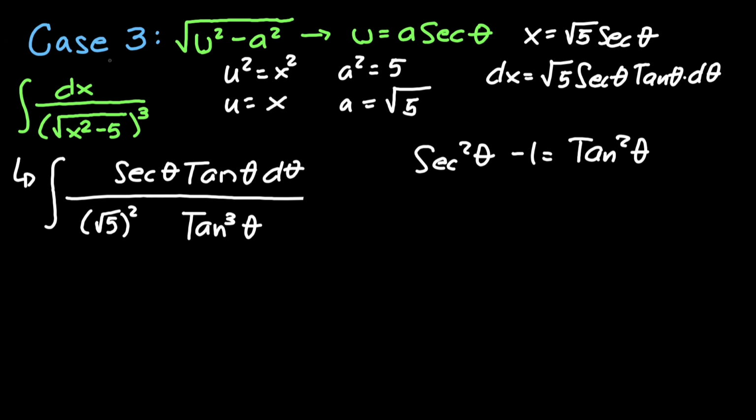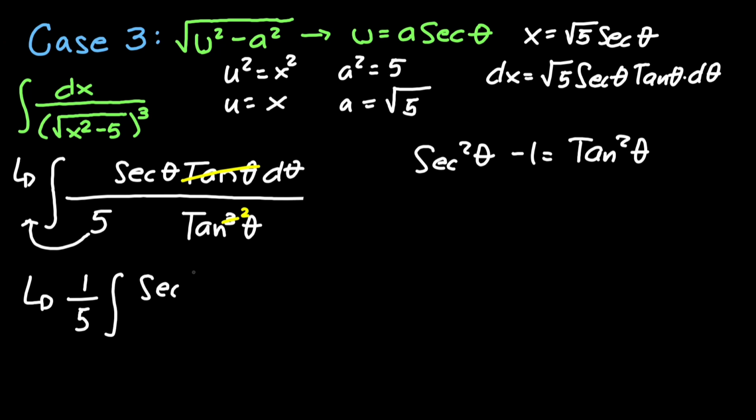And we know that the square root and the square will cancel each other out, so this is basically just 5. So put 5 there. And cancel 1 tangent here, so this would be 2. And now the simplified form here would be equal to 1/5 the integral of secant theta d theta over tangent squared of theta.